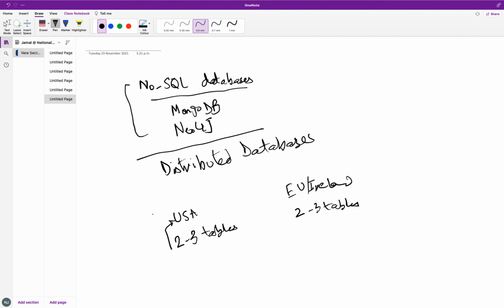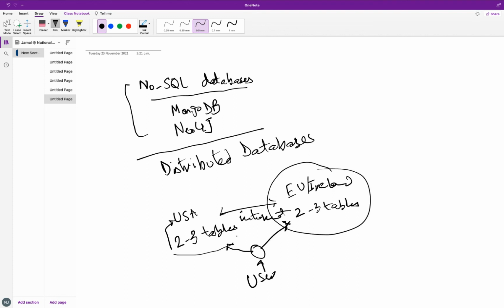So over the internet they are connected with each other. If a user is querying something, then the distributed DBMS would get data from here, join, combine, and then provide results back to the user.